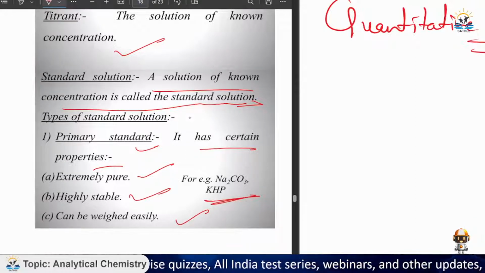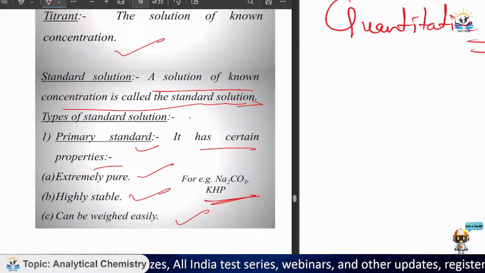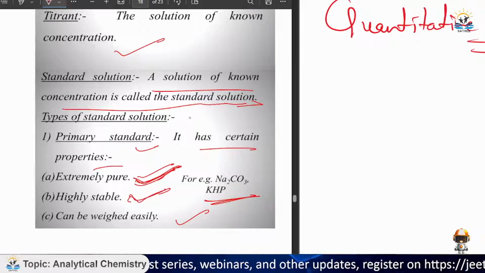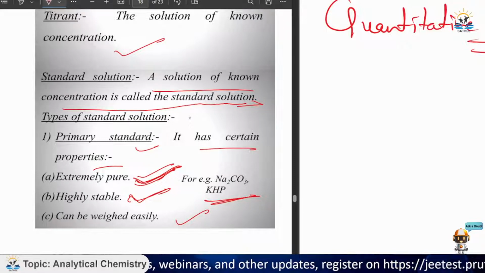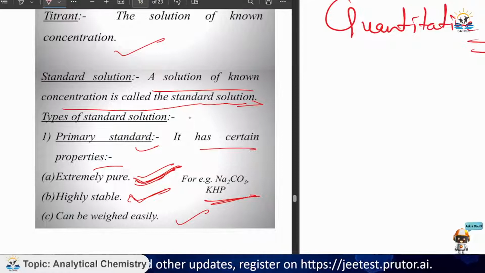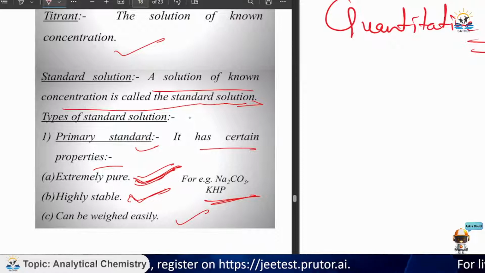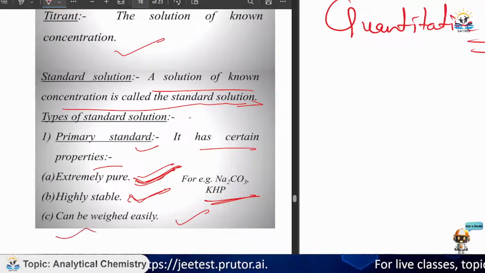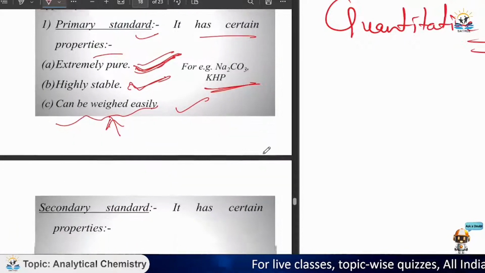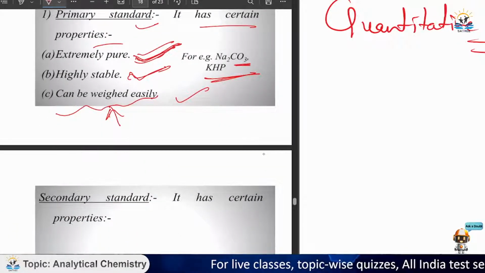Since it is a primary standard and it is pure, it requires correct methods and the correct order of the apparatus which we are using. So we should be able to easily calculate the concentration or the weight of that substance. Examples: Na2CO3, KHP.